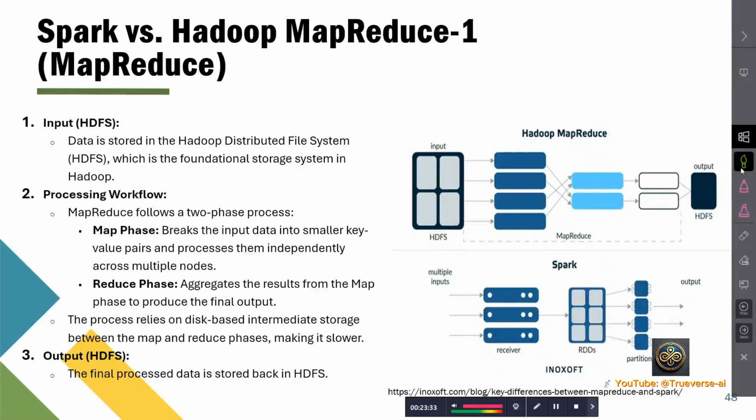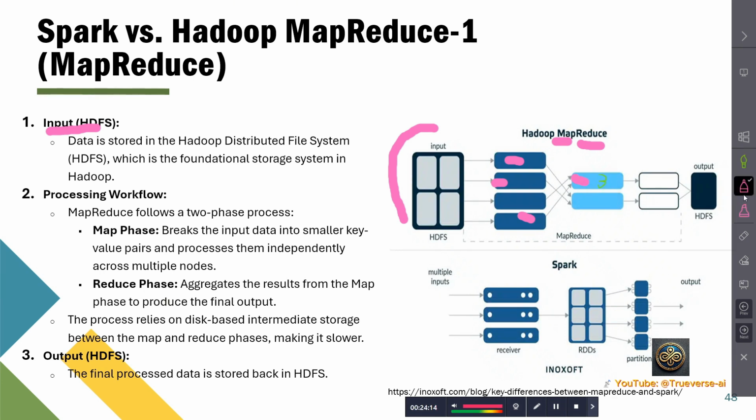As you can see here, input is HDFS. So data is stored in the HDFS format, which is the fundamental system in Hadoop. Then processing, you remember, includes map and reduce. Map, we already explained what it means: find each word and map together. For example, if some word is repeated here, then this will be, say, number 3.